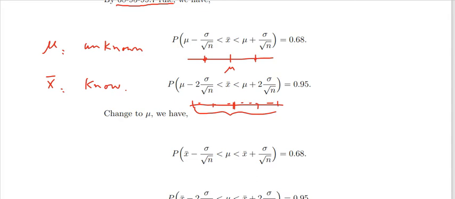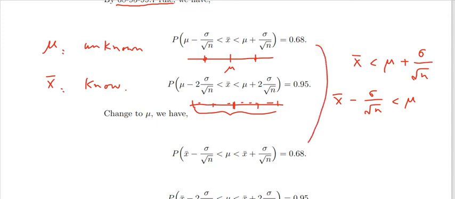We change it like so: x bar less than mu plus sigma over radical n. This inequality we can change to x bar minus sigma over radical n less than mu, right? These two inequalities are the same thing, so we can change this to this.